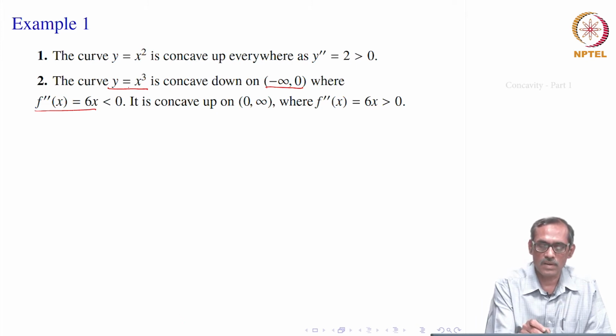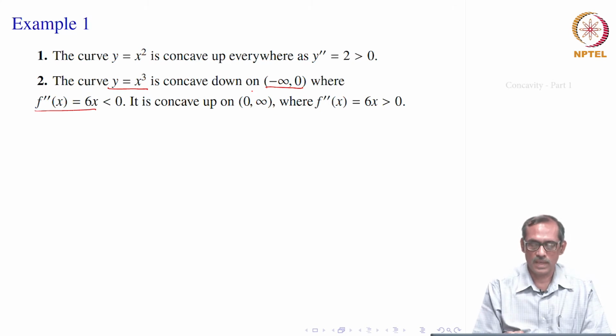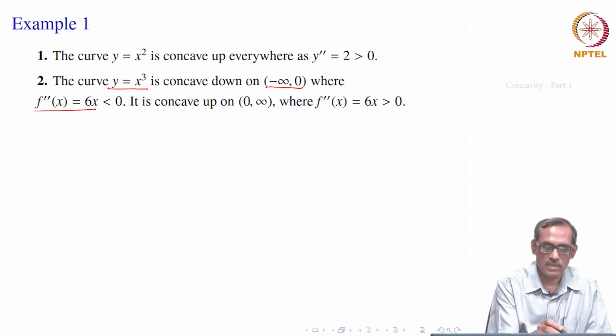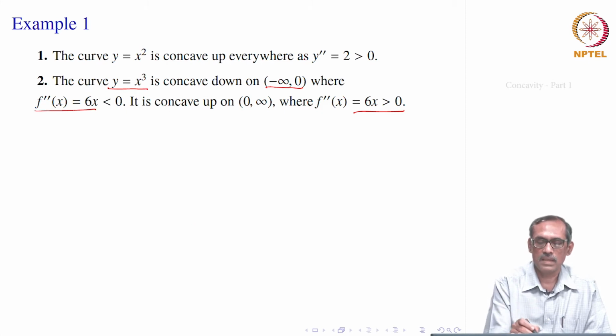Therefore, the curve y equal to x cubed is concave down on minus infinity to 0. And if x is positive, f double prime x will be 6x, which is bigger than 0. In that case, on the interval 0 to infinity, the curve y equal to x cubed is concave up.